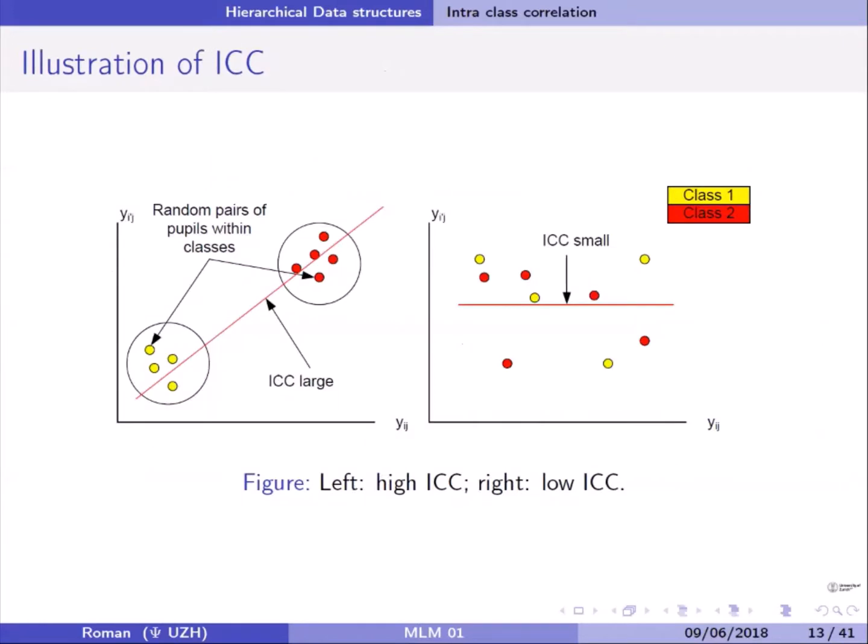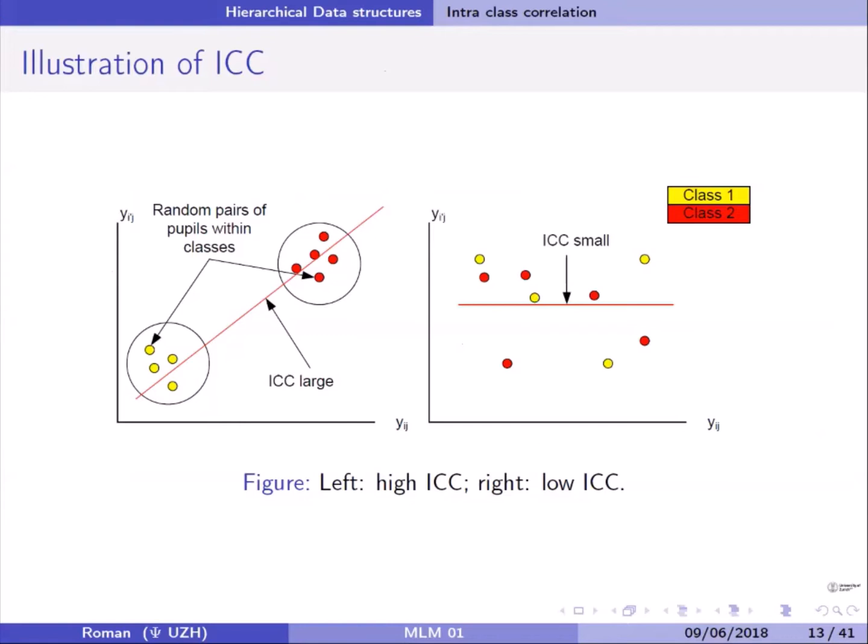Let's see what this looks like visualized. So if we take random pairs of pupils within classes and we look at the correlation between these, we should see that if the ICC is large, we'll see what we see on the left here, a strong relationship, and it will be positive.